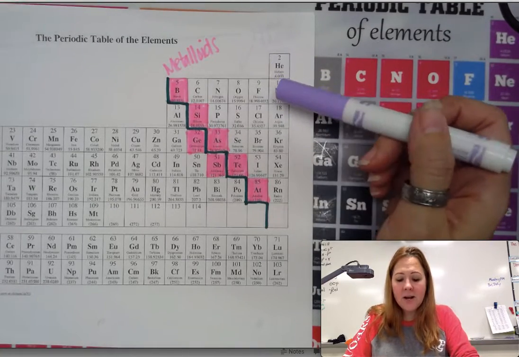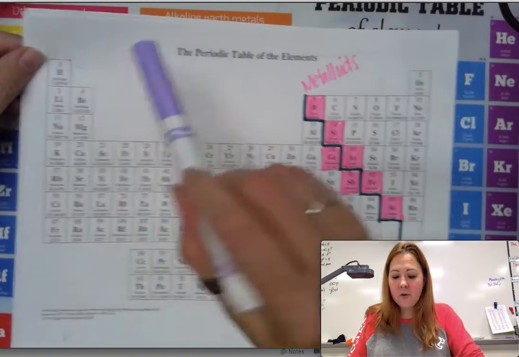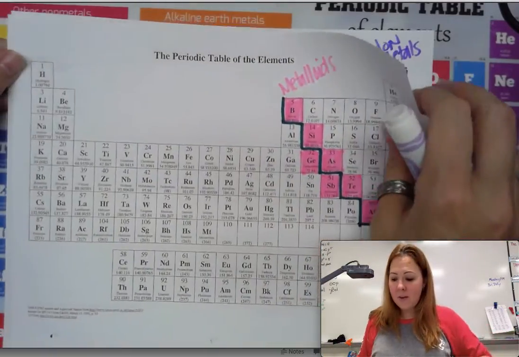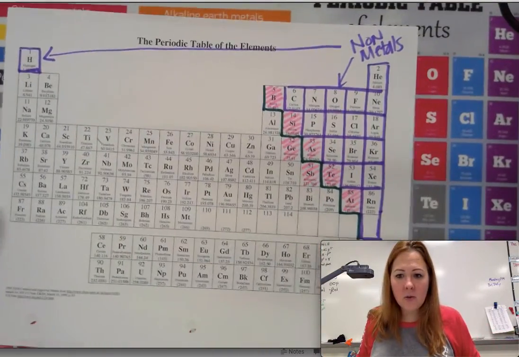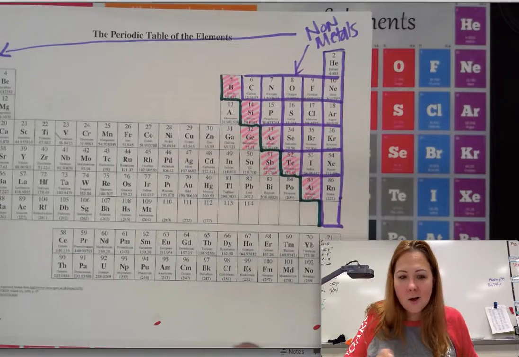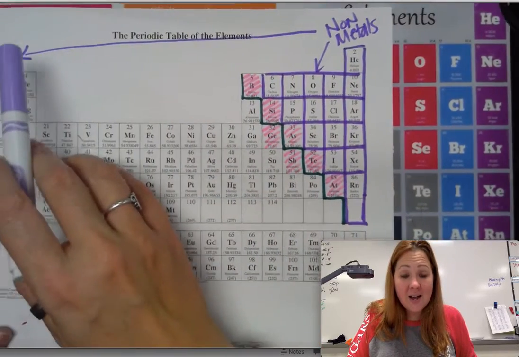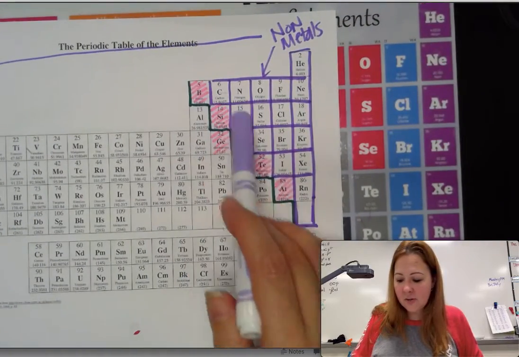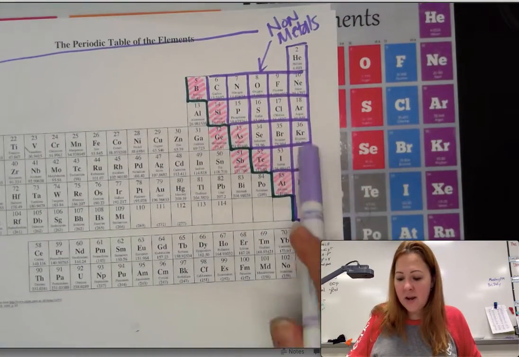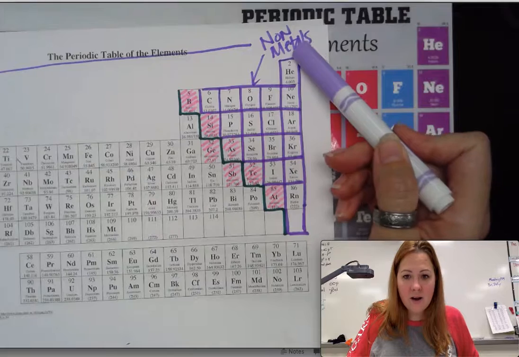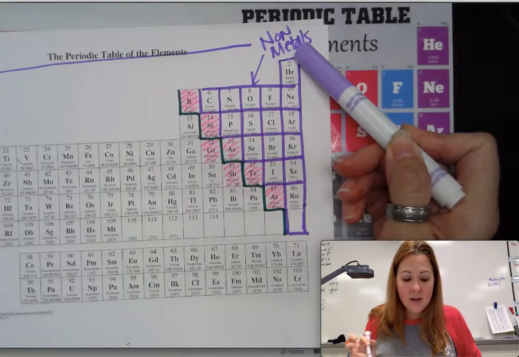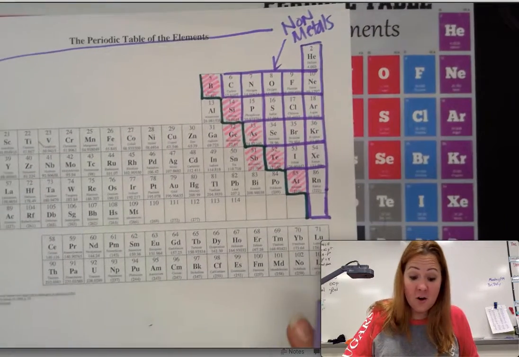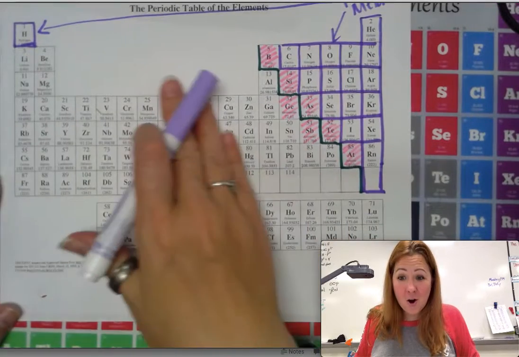We're going to color hydrogen along with everything over here the same color. My periodic table now, I didn't color it in, I was kind of lazy, has hydrogen, and then everything to the right of the stair step all colored the same color, and I labeled those as nonmetals. Now everything else that's left on the periodic table are all metals.